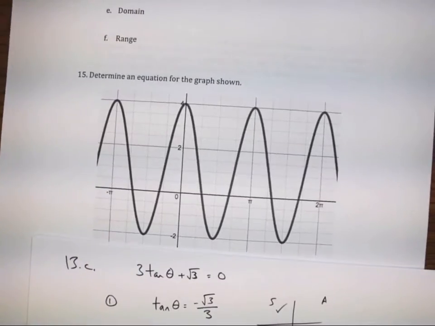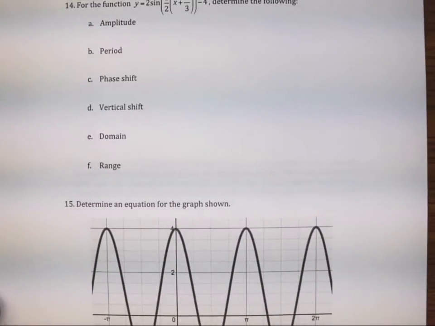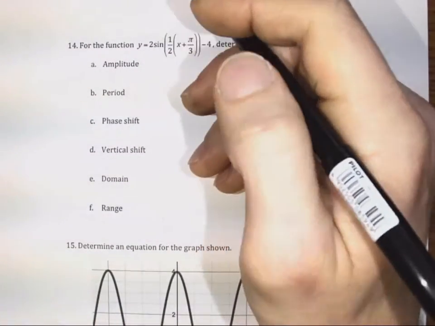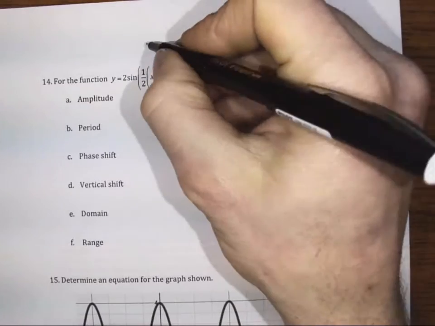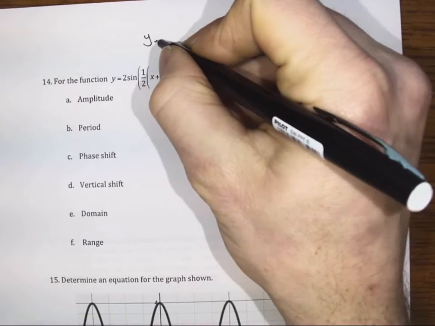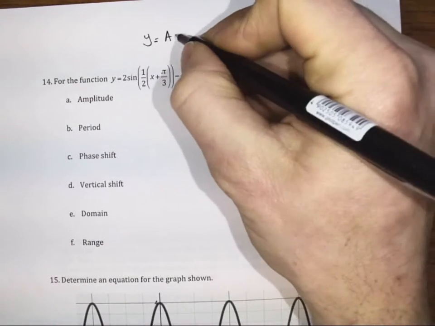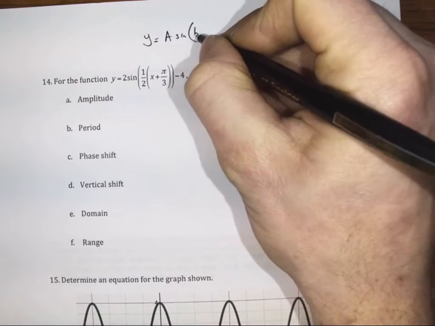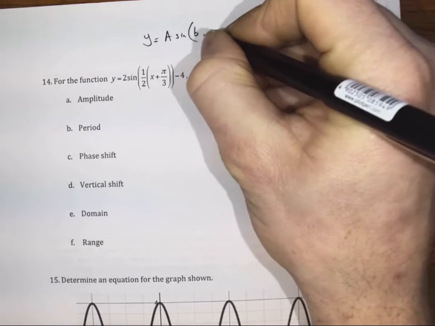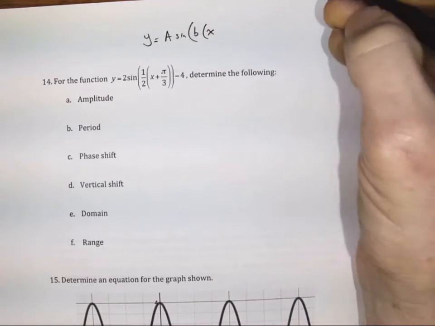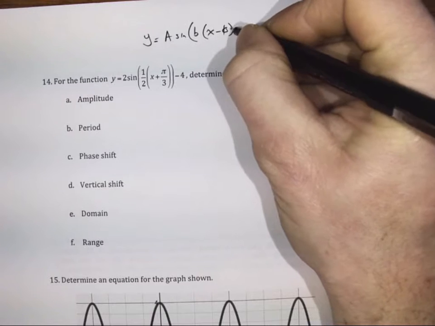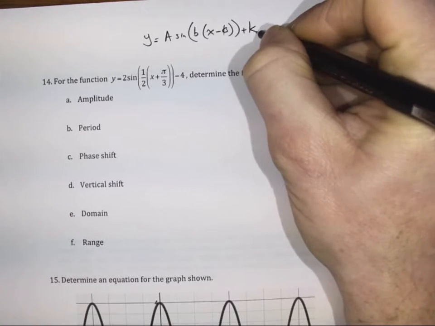14. Okay, so there, I think we can write directly onto here. I want to remind you guys that in an equation like this, y equals a for amplitude times a sine or a cosine, and we get a b value which is related to the period but not the period, and x minus our phase shift plus our vertical shift.